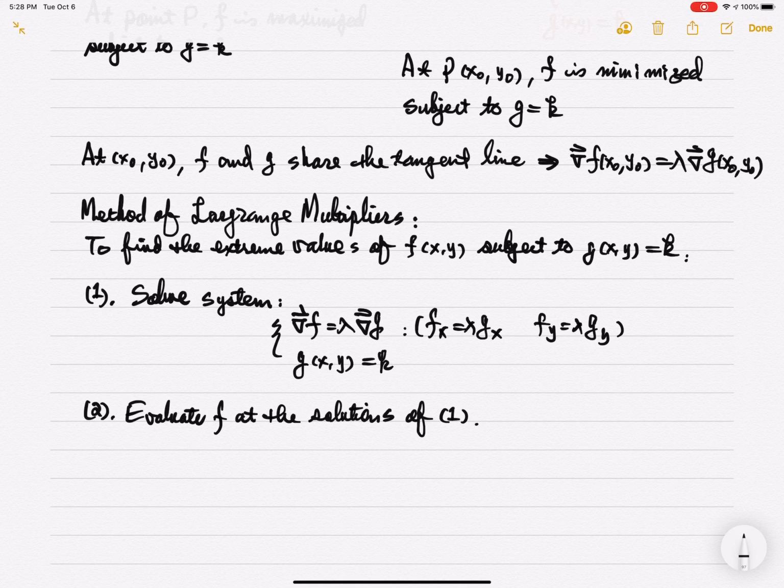Okay, and then we say the largest is the maximum. The smallest is the minimum.